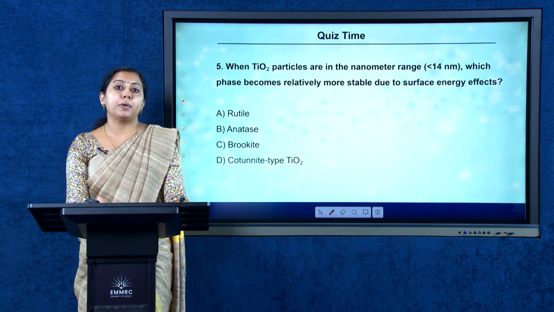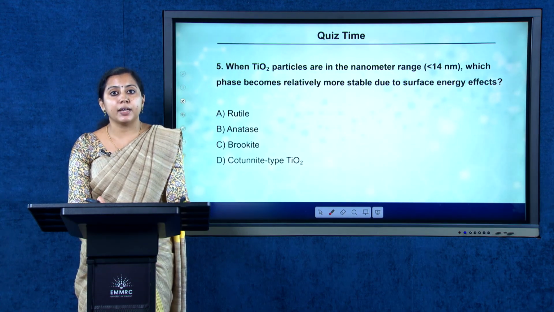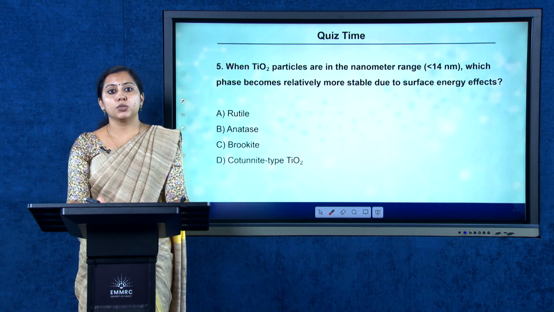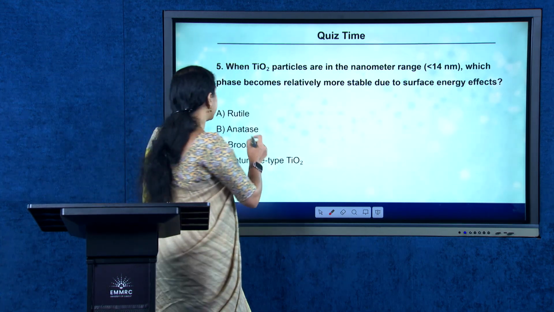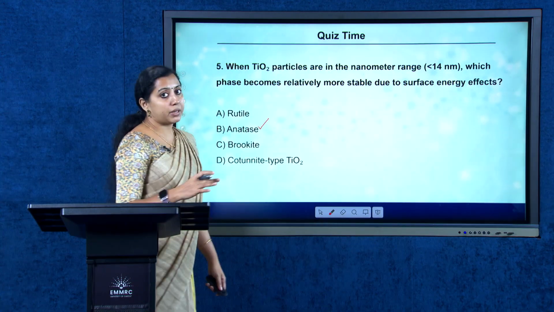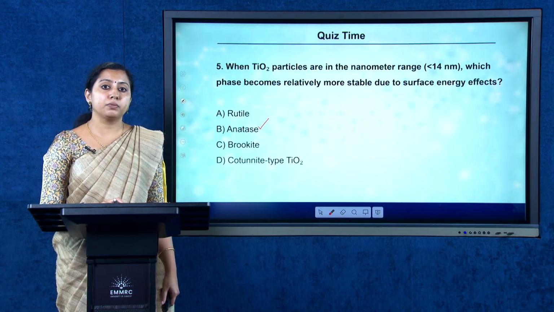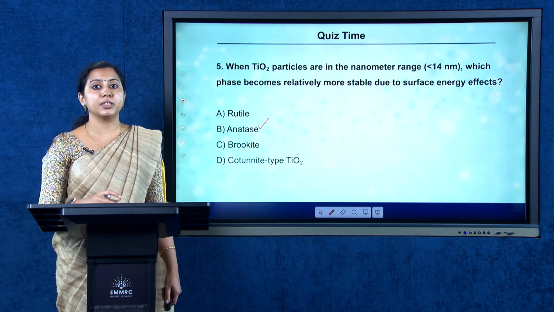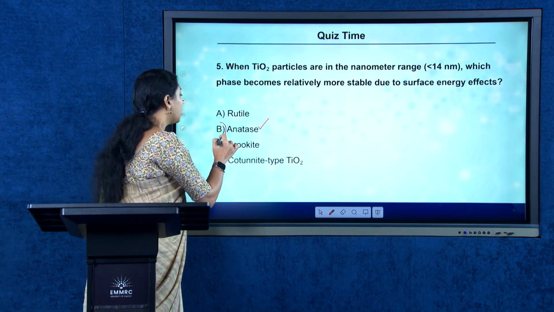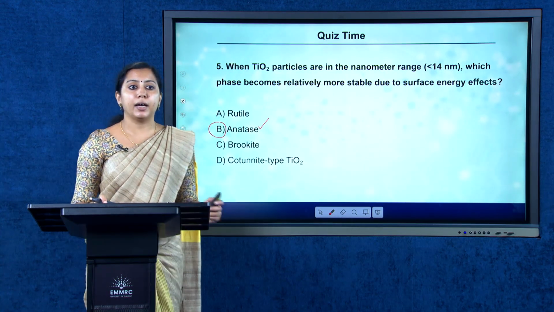However, when the particle size is smaller, there will be surface energy effects which lead to stability of the anatase phase, which is generally metastable at normal conditions. So, when the particle size becomes very small, in the nanometer range, less than 40 nanometers, the anatase phase becomes more stable. So, the correct option is option B, anatase.